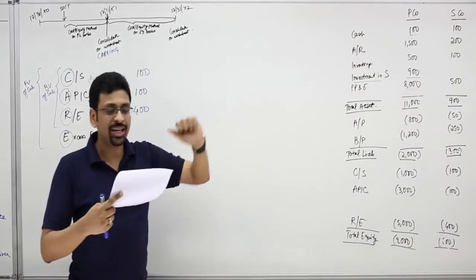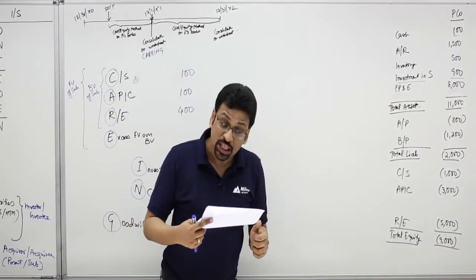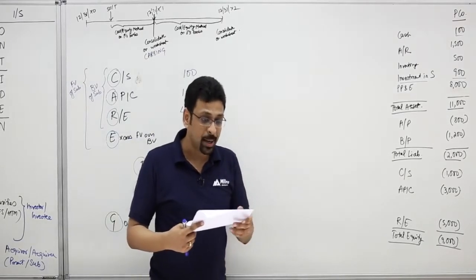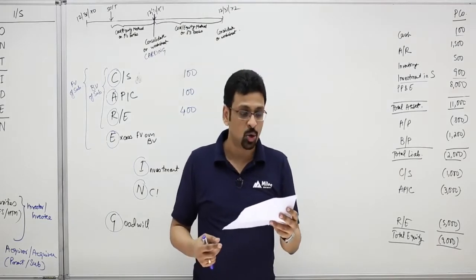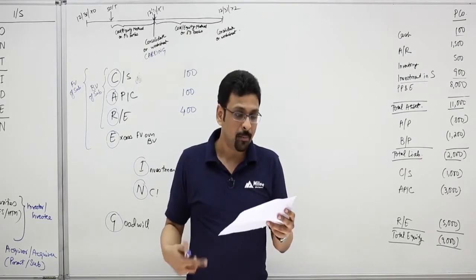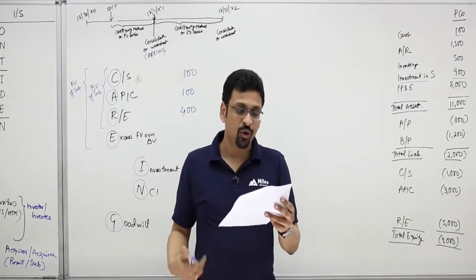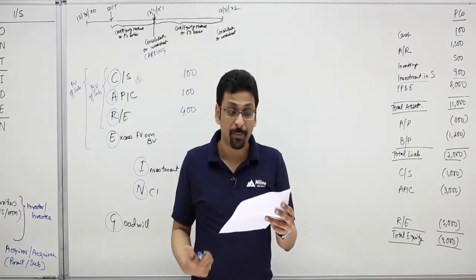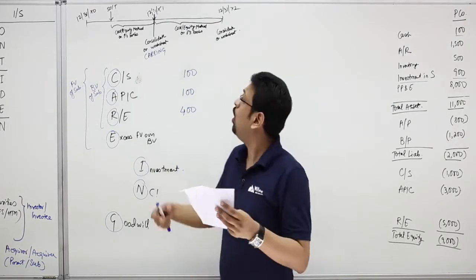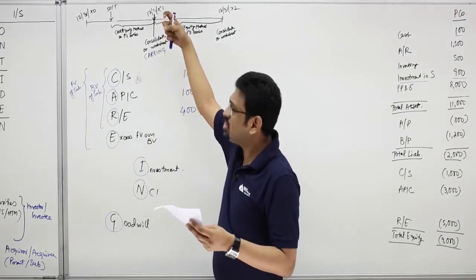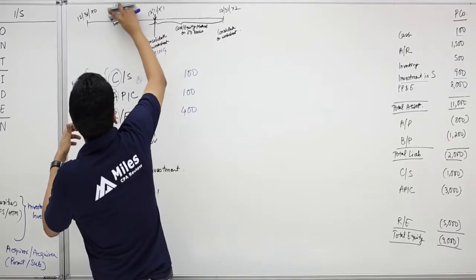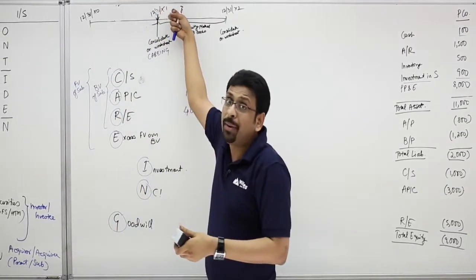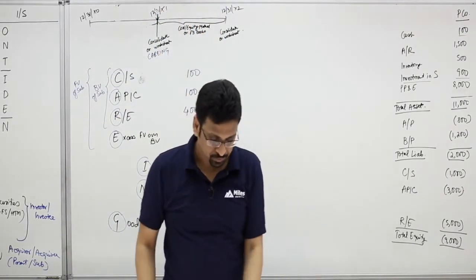At the time, all of the assets and liabilities had fair values equal to their book values, with the exception of equipment with a remaining life of 5 years and a fair value $100 higher than book value. Prepare journal entry for acquisition and consolidation, and prepare balance sheet after consolidation on 12/31/X1. So the acquisition happened on this date, and we are preparing the consolidated balance sheets as of the same date.